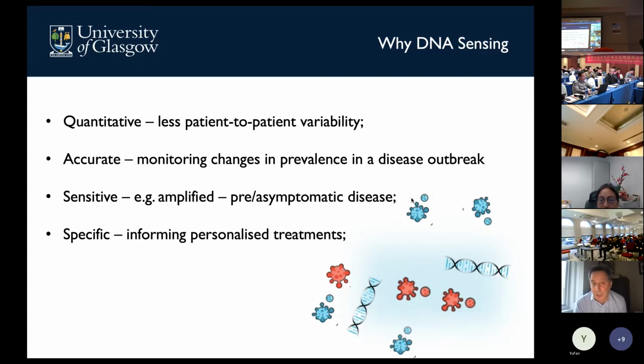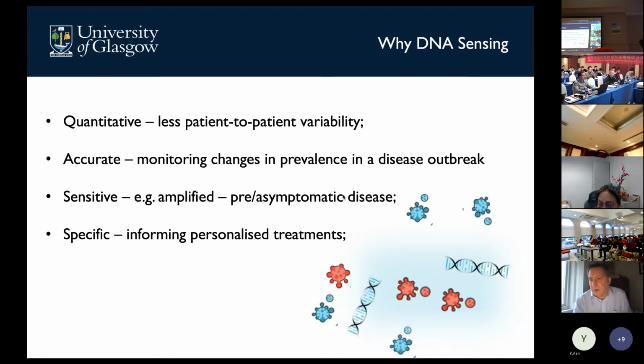And as we've seen actually in the recent pandemic, these pre-symptomatic and asymptomatic testings are crucial in being able to control the disease. And then the most important thing perhaps is the specificity, so informing personalized treatments.